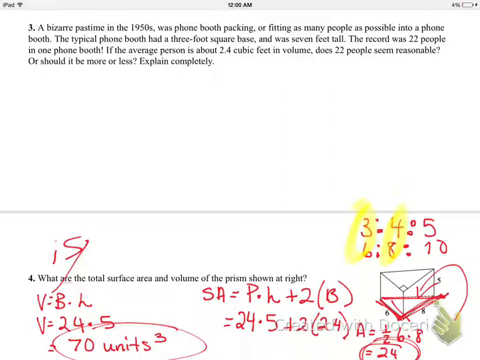It's just we got them from different locations. Don't think that they are the same number all the time. It's a coincidence. Which is 70 plus 48, which for my surface area is going to be 118 units squared.